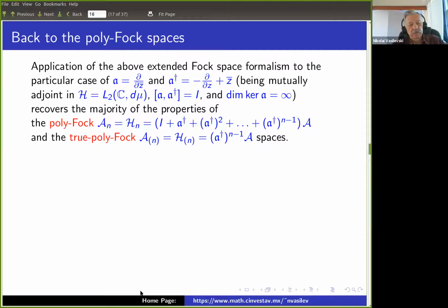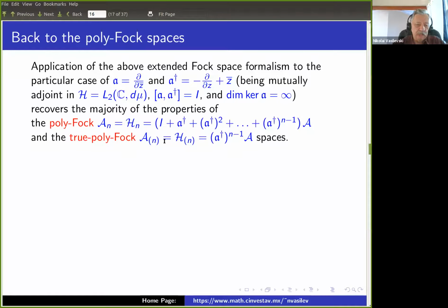The kernel of the operator A is infinite. And what is that now? The polyfock space A^N is just this sum of powers of operator A dagger applied to the initial Fock space of analytic functions.